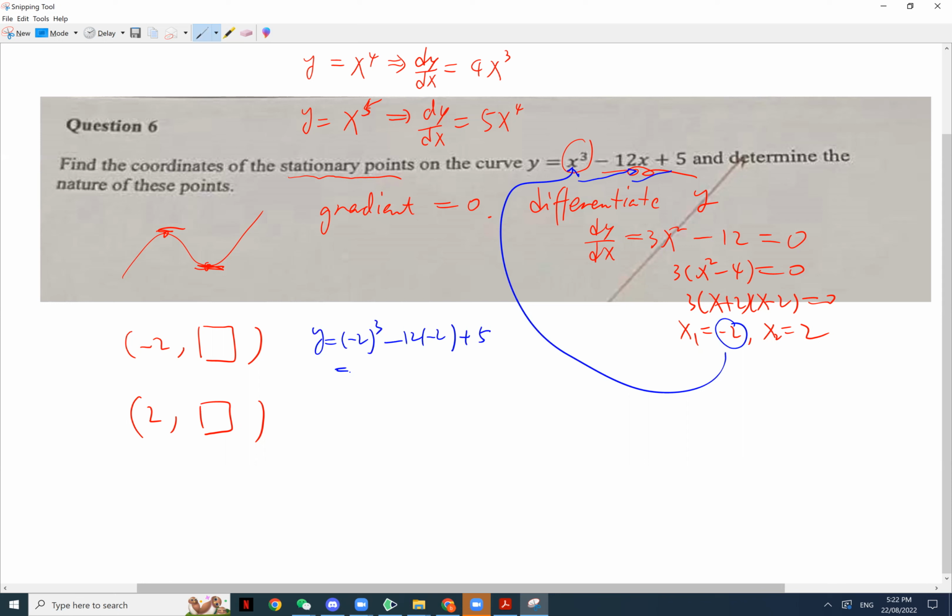Guys, you work out the value: y equals 2 to the power 3 minus 12 times 2 plus 5. Oh, y values. Okay. Max already got y values. You can use a calculator. 8 minus 24 plus 5 is -11. -8 plus 24 plus 5 is 21.